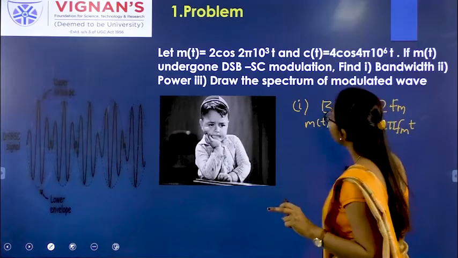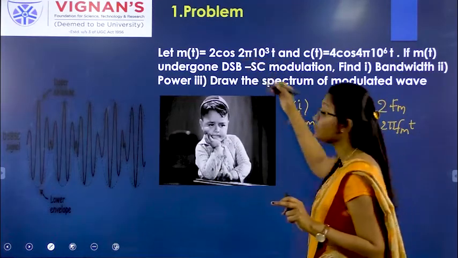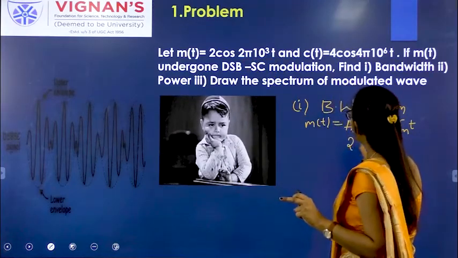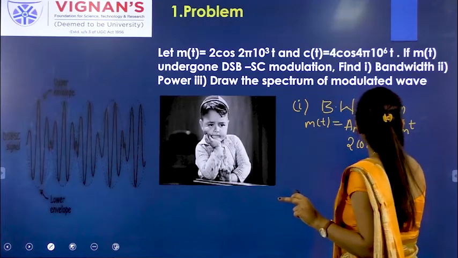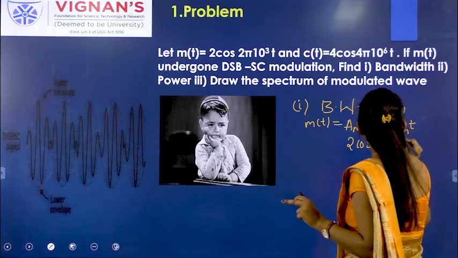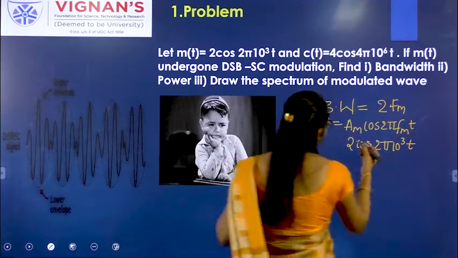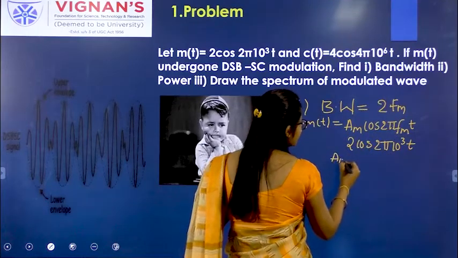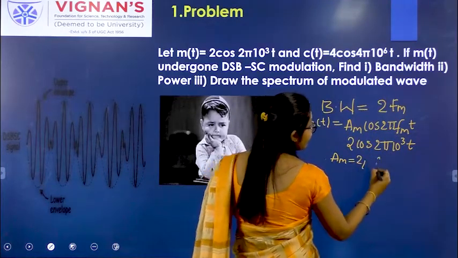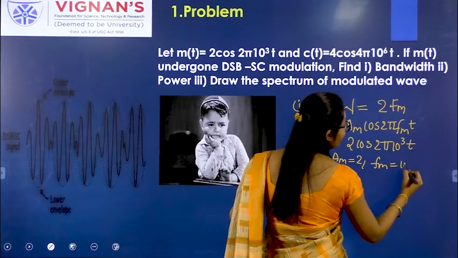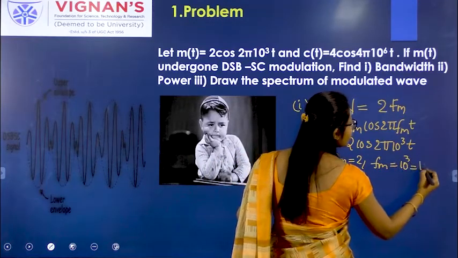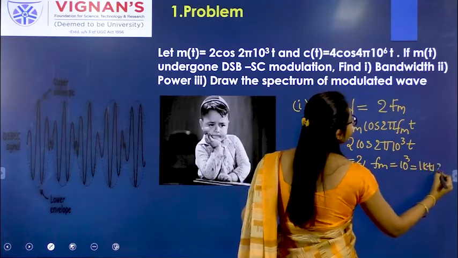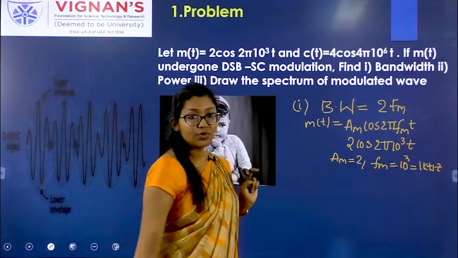Compare this equation with what they have given, 2 cos 2 pi 10 cube t. Comparing, the Am value is 2, whereas the fm value is 10 to the power of 3, which means 1 kilohertz.